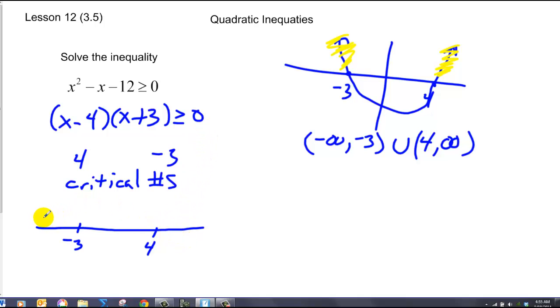So I'm going to test f of negative 4, f of 0, and f of 5. And when I say f of, I'm talking about plugging it into this function up here.